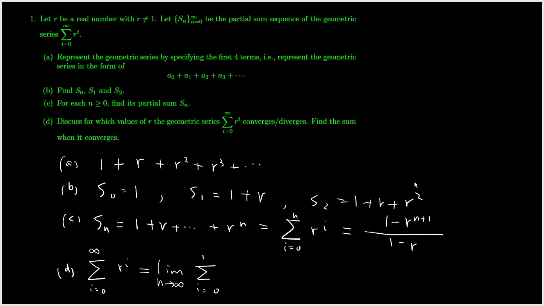The reason I'm writing in that form, I want you to see as n approaches infinity, looking at the mouse cursor, this number is going to be getting larger and larger positive, it's kind of infinity.